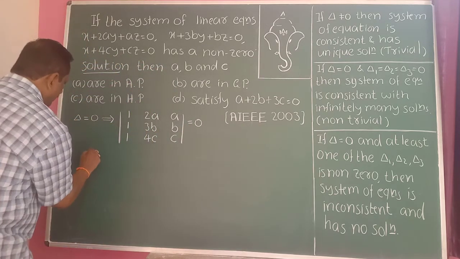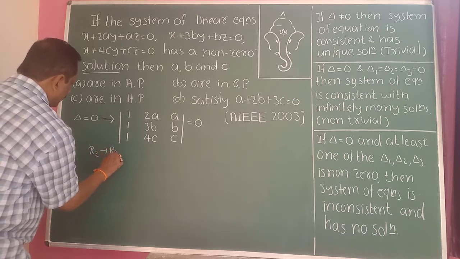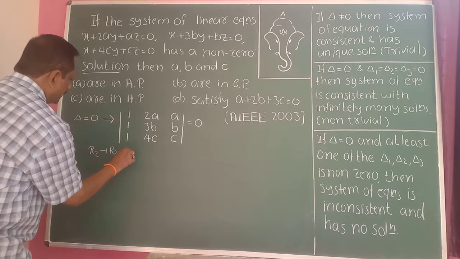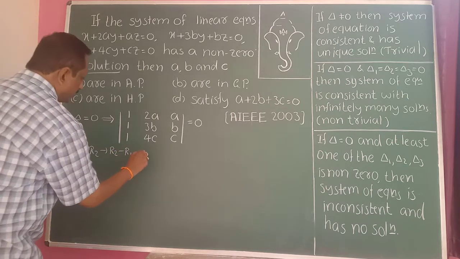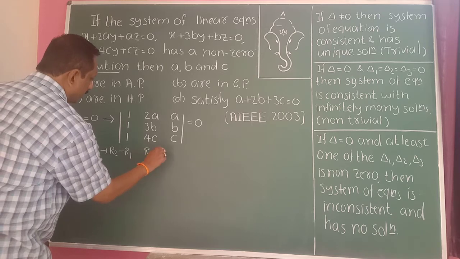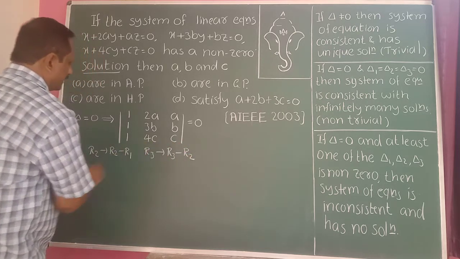Hence R2 gives R2 minus R1, then R3 gives R3 minus R2.